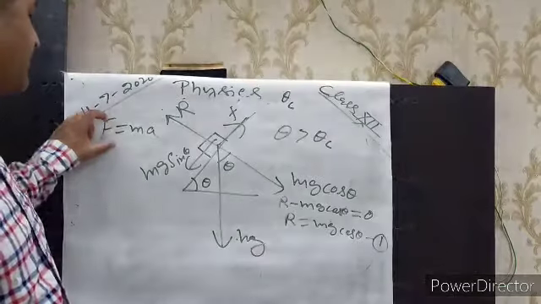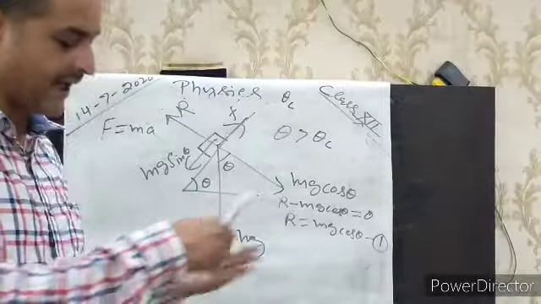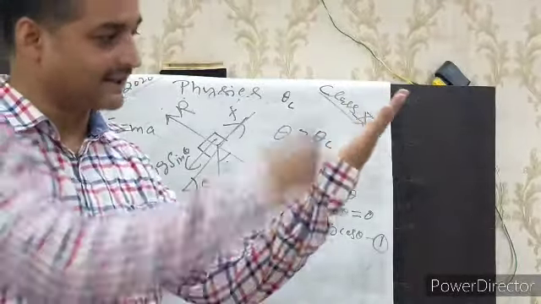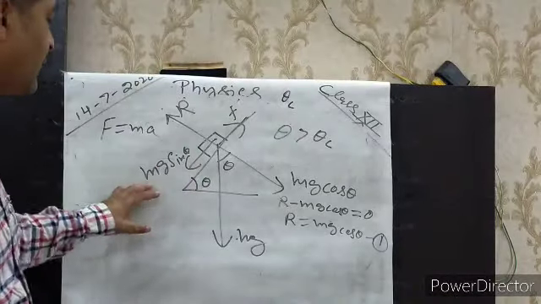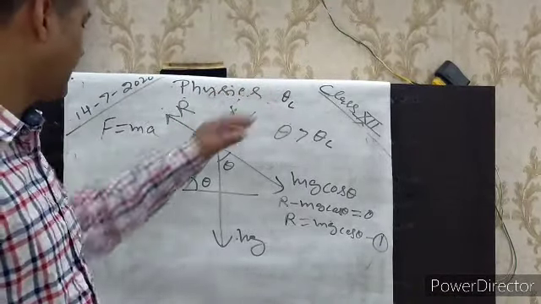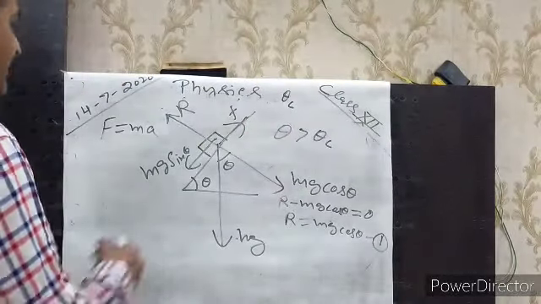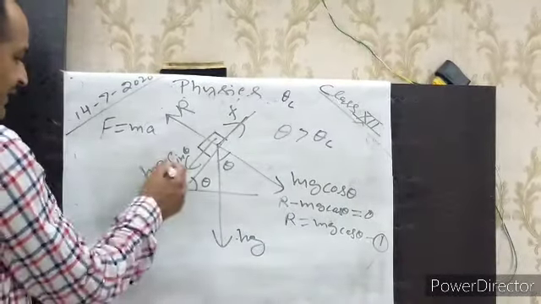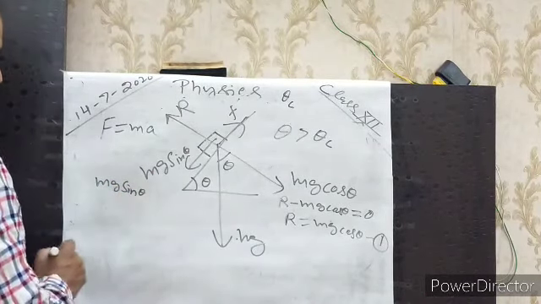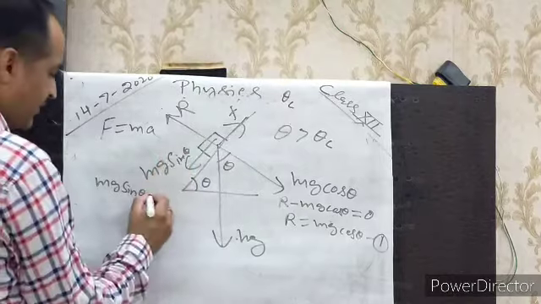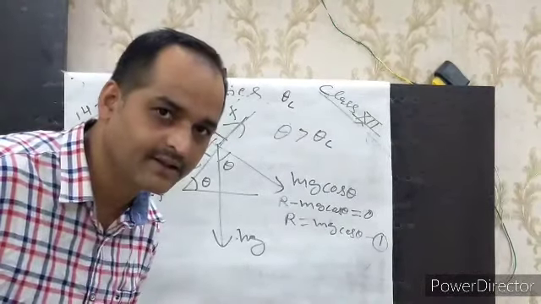Okay, now again apply F is equals to ma in this direction. Since theta is greater than theta c, means the angle of inclination is greater than the critical angle, the body will move. And the body is moving in this direction. Now there are two forces acting in this direction. One is mg sin theta and the second one, in the opposite direction, is the friction force. Since the body is moving in this direction, we are taking it positive. Mg sin theta minus friction force, Fk or Fs?